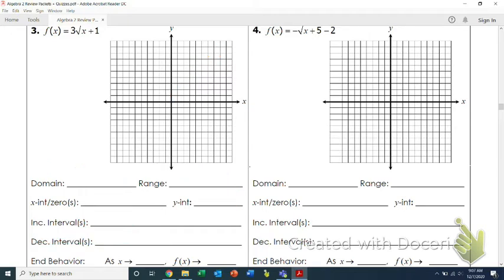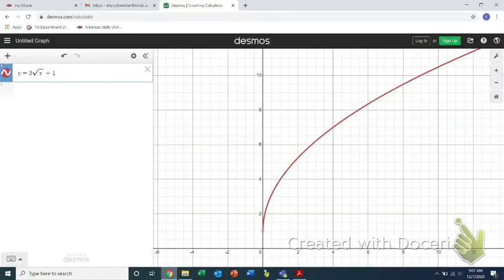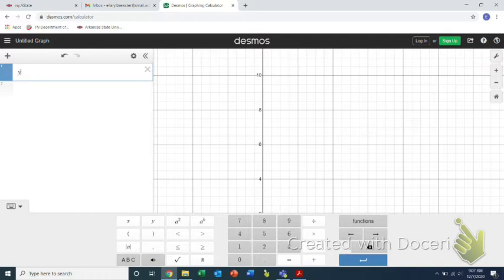All right, on the next one, we're going to graph y equals negative square root of x plus 5 and then minus 2 on the outside.